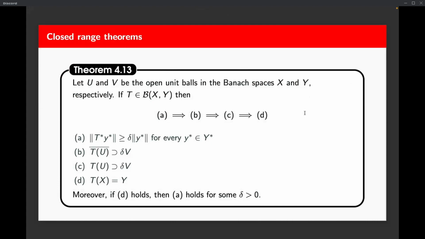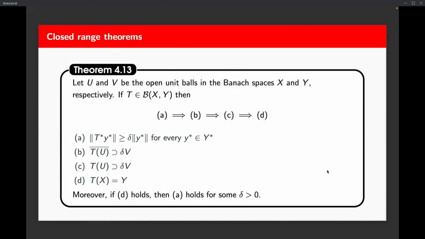But anyway, we let U and V be the open unit balls in two Banach spaces X and Y, and T is a bounded operator from X to Y, then we get A implies B implies C implies D, and then finally D also implies A for some delta. I forgot to mention in the hypotheses, we're given a delta greater than 0 as well. So given that, for that delta, A implies B implies C implies D, and then D will imply that A holds for some delta, and so then the cycle continues.